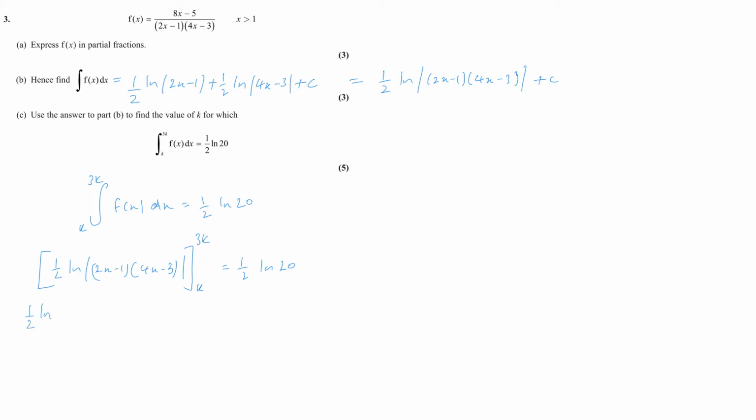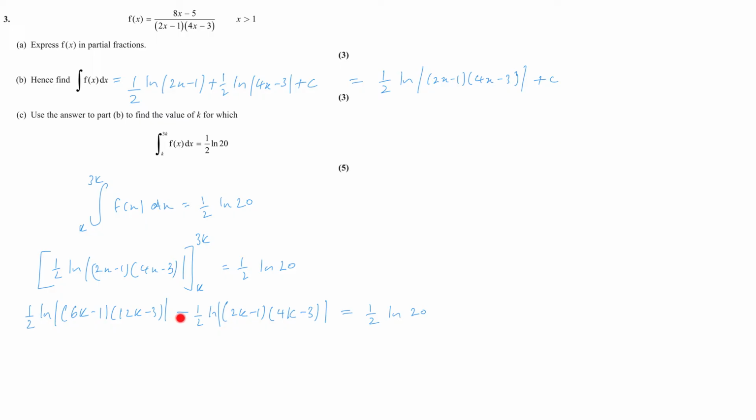But we've got a half ln, and then we've got 6k minus 1 times by 12k minus 3, minus a half ln, and it's 2k minus 1 times by 4k minus 3, and that equals a half ln 20.